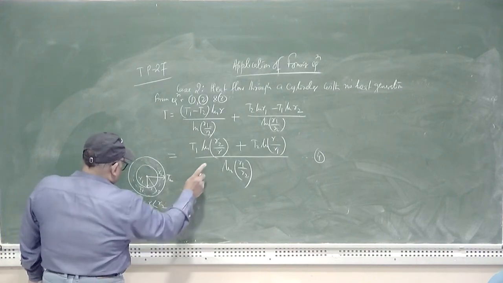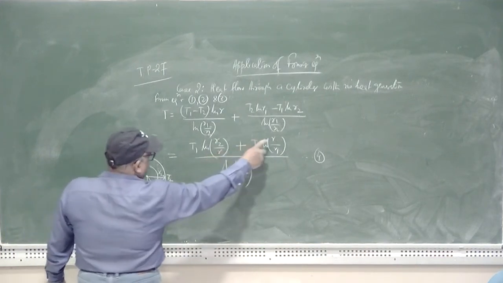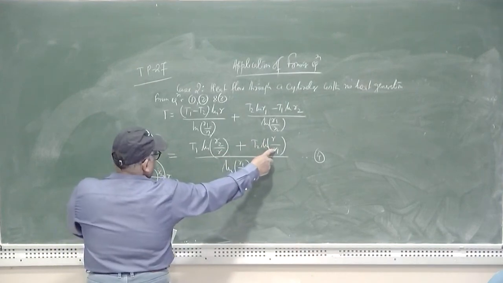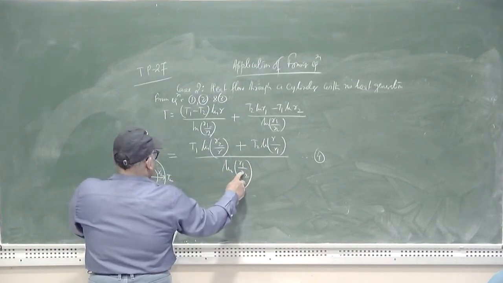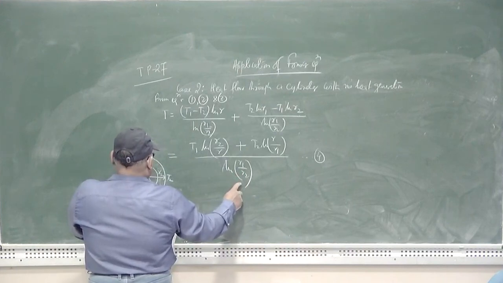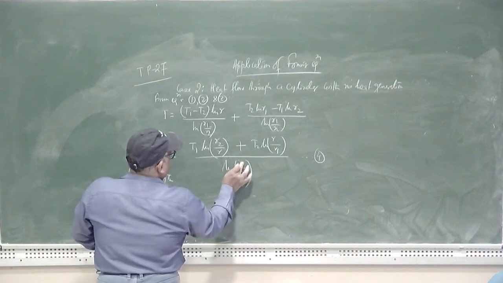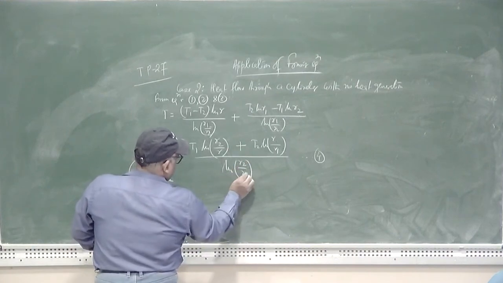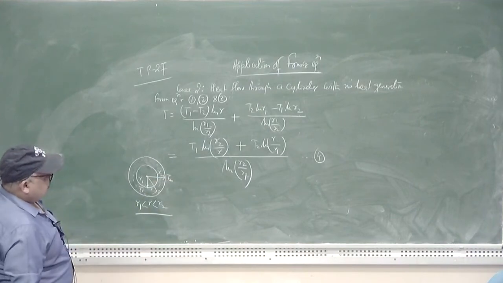So R2 by R is a positive quantity greater than 1, R by R1 is a positive quantity greater than 1, and R1 by R2, if you transform this, will come as R2 upon R1, which is a quantity greater than 1.